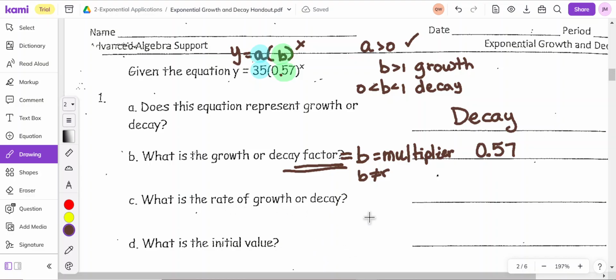What is the rate of growth or decay? Well, we have to calculate this because if it's decay, we know that B is equal to 1 minus R. 0.57 refers to B. And so now we have to do algebra to calculate this.